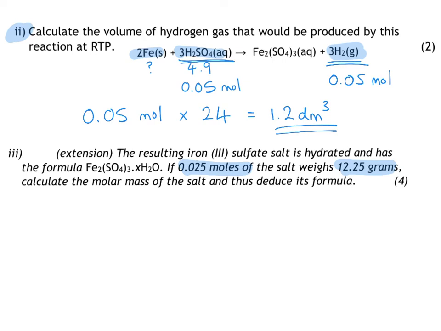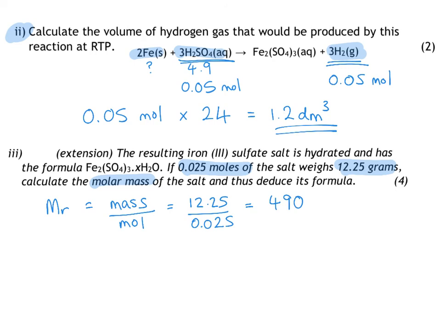So we can calculate the molar mass, which is what we call relative formula mass, or Mr. The relative molecular mass, however you want to call it, is the mass in grams divided by the number of moles. So it's 12.25 divided by 0.025, and that gives me 490.